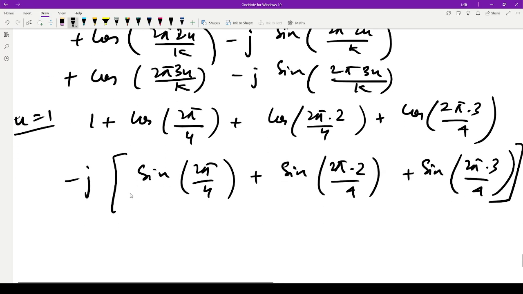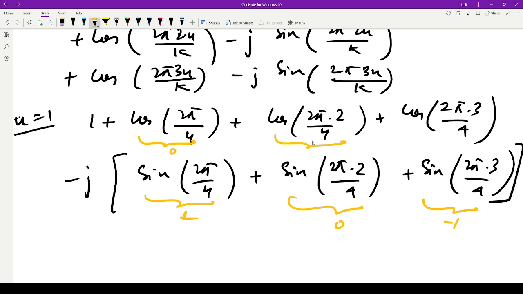So given this, sine 2 pi by 4, or sine pi by 2, is 1. This is sine pi, which is 0. This is sine 3 pi by 2, which is minus 1. What about this? This is cos pi by 2, which is 0.